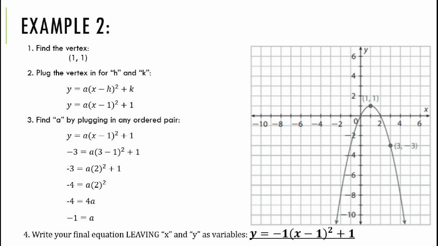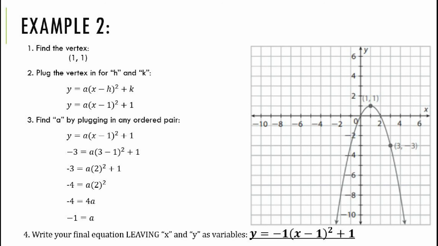So in order to get rid of that plus 1, I'm going to minus 1 from both sides and get -4 equals a times 2 squared. Now let's get rid of our exponent. So 2 squared is 2 times 2, which is 4. So now I have -4 equals 4a. Last step, let's get a alone. So I'm going to divide both sides by 4. So a equals -1.